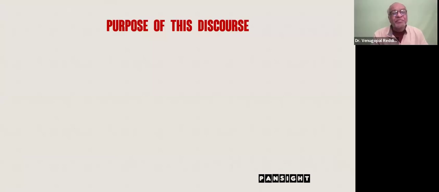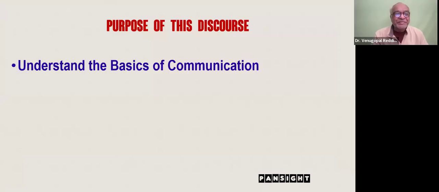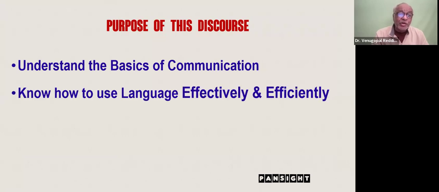Purpose of this discourse: understand the basics of communication. Know how to use language effectively and efficiently. Many people don't know the difference between effectiveness and efficiency. For example, you must have used a 100-watt bulb.